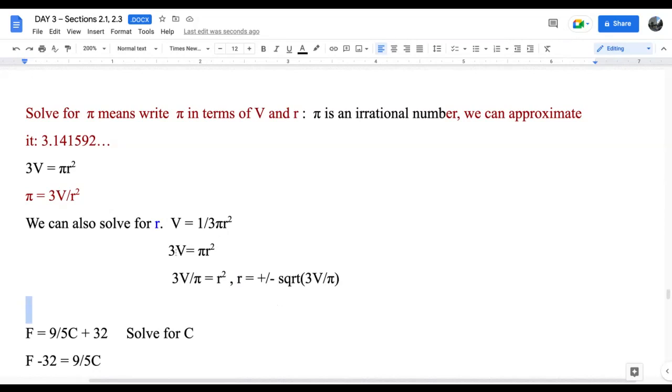We also multiply by 3 on both sides, so we get 3v equals pi r squared. Because we're solving for r, let's divide by pi. So r squared equals 3v divided by pi. Well, this is a square, so we have a square root. We get plus or minus, 2 values, the square root of 3v divided by pi. We want to keep pi as pi. We don't need to write pi as a number.